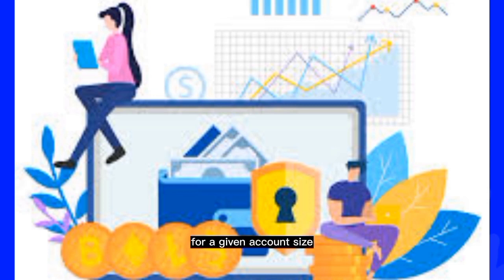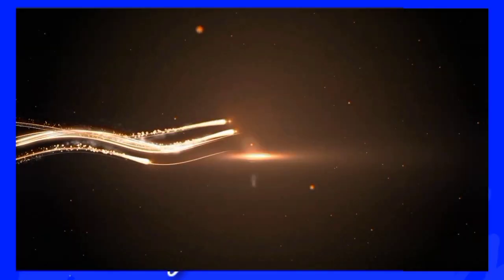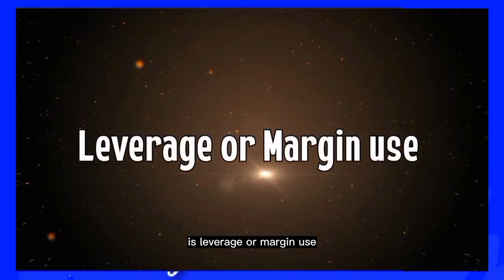So for a given account size, the maximum loss you can safely afford is the function of the leverage or margin use and the position size or the lot size, which are the remaining 2 of the 3 pillars of risks and money management. And the second pillar of risks and money management is leverage or margin use.